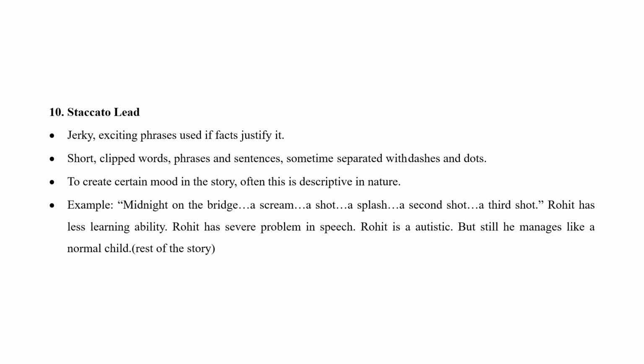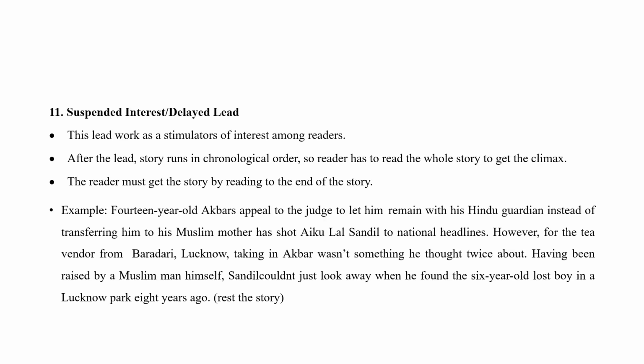Rohit has less learning ability. Rohit has severe problem in speech. Rohit is autistic, but still he manages like a normal child. So this is how autism is depicted by using a staccato lead, which has jerky, exciting phrases, and they are separated by dashes and dots.